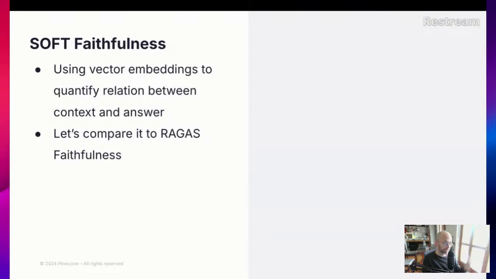Then we take the context together with the question and send it to an LLM and get an answer. Faithfulness is asking, does the answer appear in the original context? Yes or no? You can either use the RAGAS faithfulness metric, which uses another LLM, or the soft faithfulness, which is based on vector embeddings, to get a good approximation to that same question.